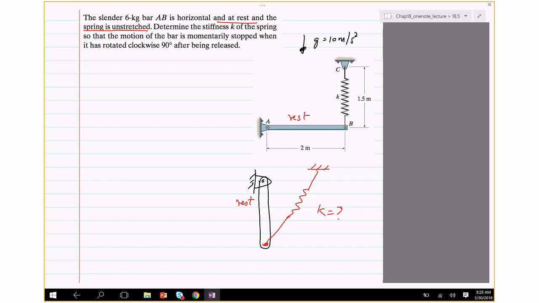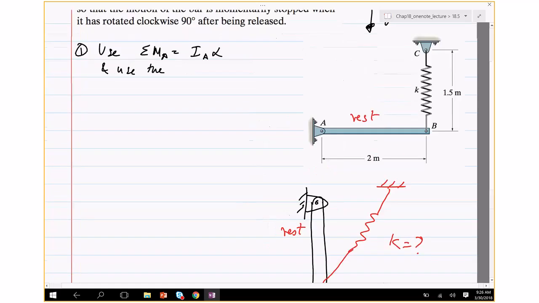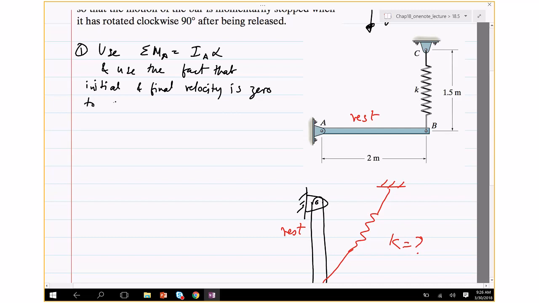As I said, one method is to use moment about A equals I_A alpha, and use the fact that the initial and final velocity is 0 to solve for k.